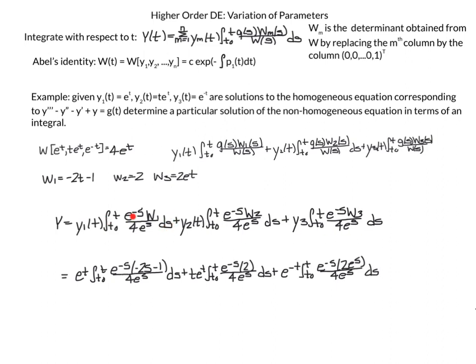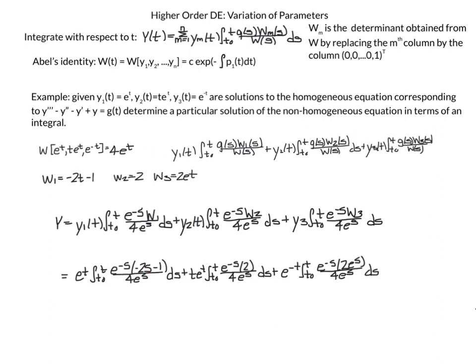I'm using s as my variable of integration. So my g of s is equal to e to the s here, and my Wronskian on the bottom is 4e to the t. So I have y1, which is e to the t, times the integral of e to the s. My W1 is equal to minus 2s minus 1 all over 4 e to the s ds.